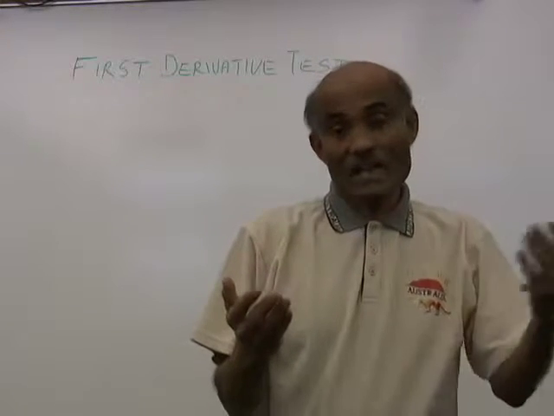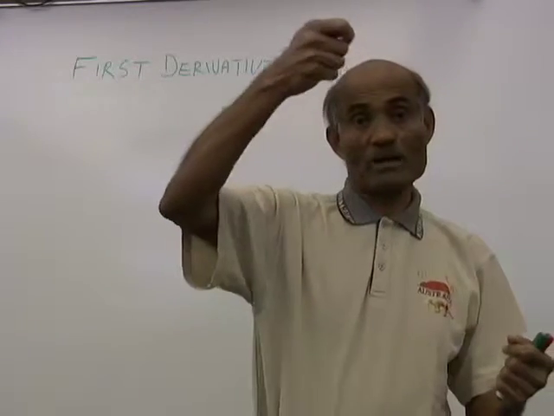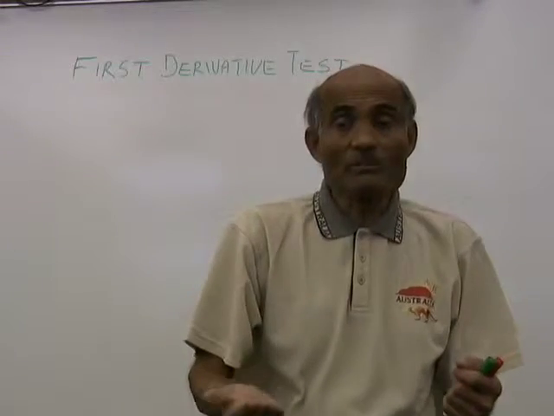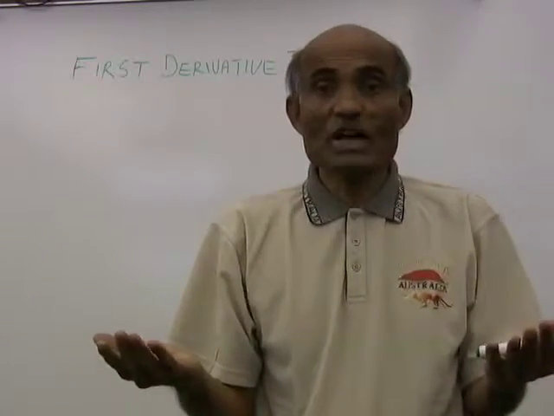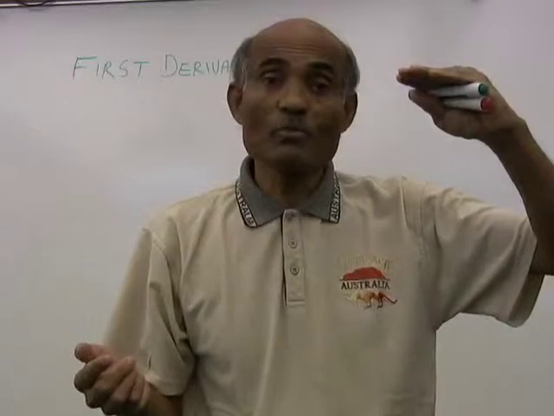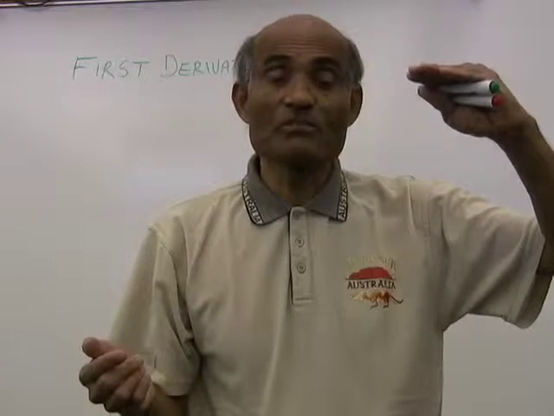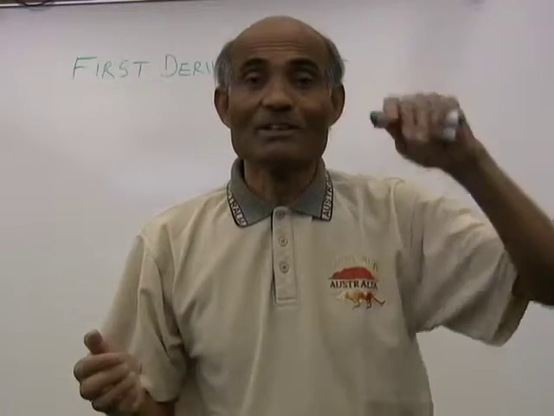Well, in the last lesson we talked about the relative maximum and the relative minimum of a function. When does a function have a relative maximum? At a point where the function has a relative maximum, the first derivative is 0.